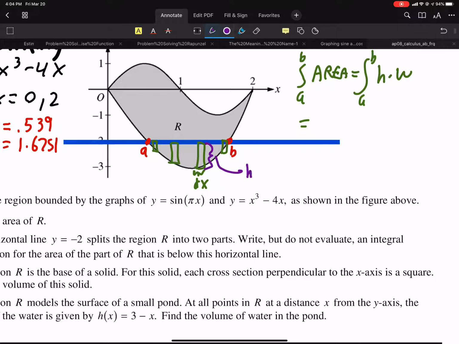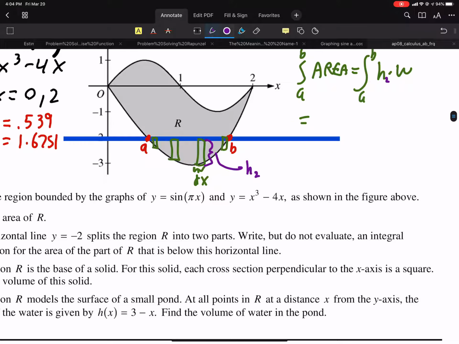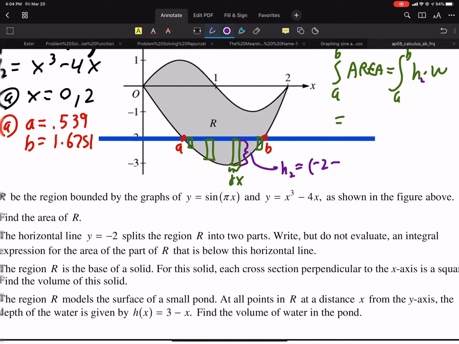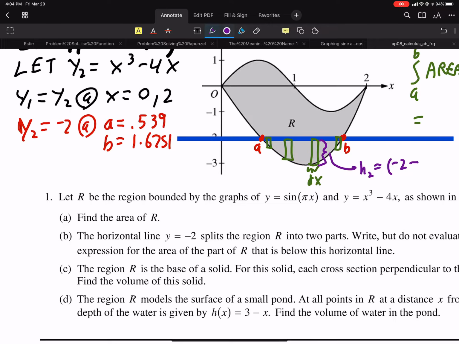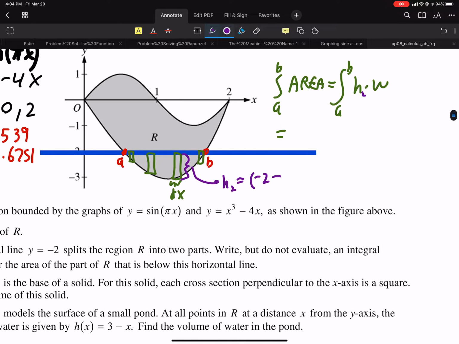That's going to be the height. Let me call this H2 because it's a different H from the first one. And that's going to be the blue line, which is -2, minus that, actually the x cubed. That's going to be y2.